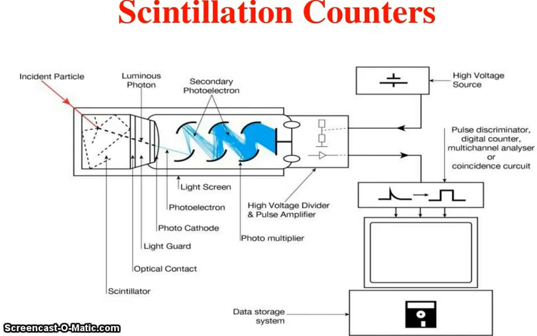Scintillation counters: you can see incident particles, luminous photons, secondary photoelectrons, scintillations, optical contact, light guide, photocathode, photoelectrons, light screen, high voltage divider and pulse amplifier, photomultiplier, data storage system, high voltage source, pulse discriminators, digital counter, multi-channel analyzer, or coincidence circuit.